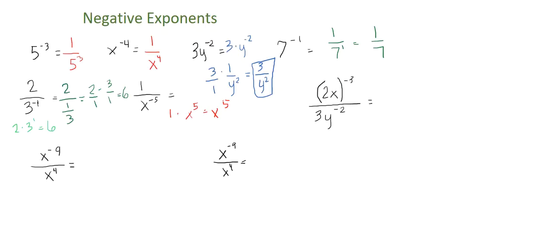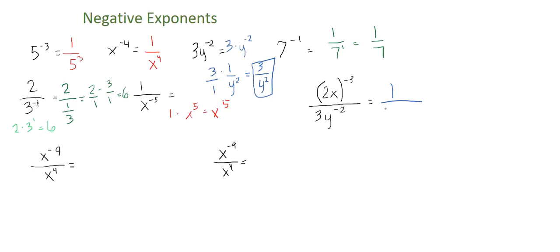For this one, we can see that this whole thing, everything inside the parentheses, is the base for the negative 3. So everything is going to move to the bottom. So on the top, we're just left with 1.